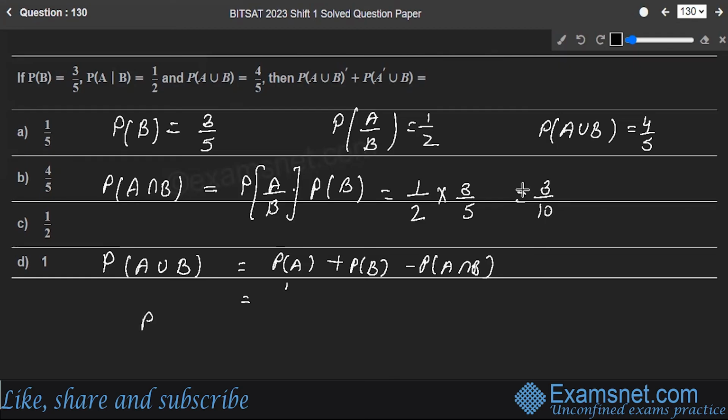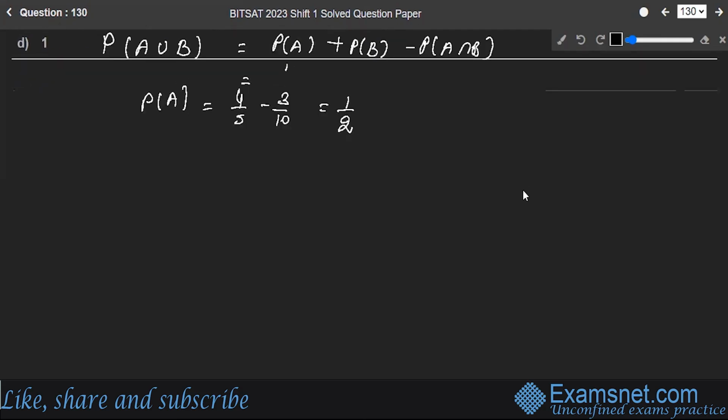Okay, let's find out the probability of A first of all. This is equal to 4 by 5 minus 3 by 10, that is equal to 1 by 2. And what would be PA dash? This will be 1 minus this, that is equal to 1 by 2.